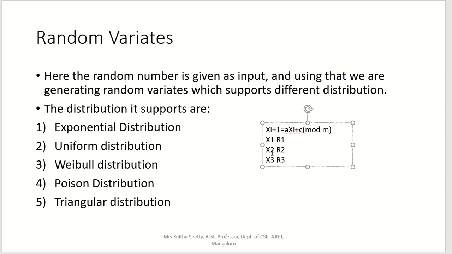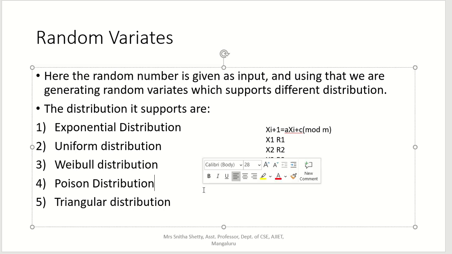Here also, the random variate should satisfy some distribution, such as exponential distribution, uniform distribution, Weibull distribution, Poisson distribution, and triangular distribution.